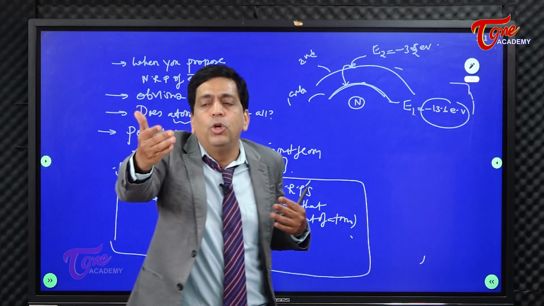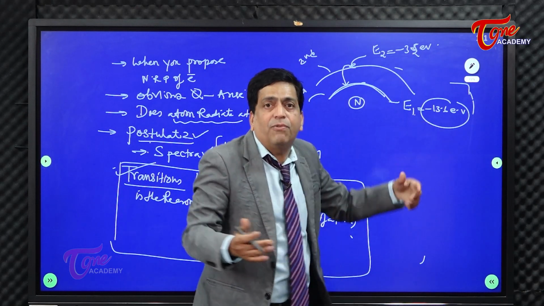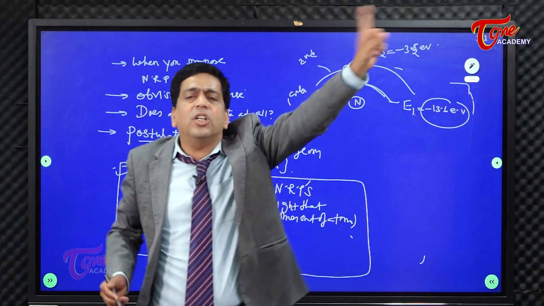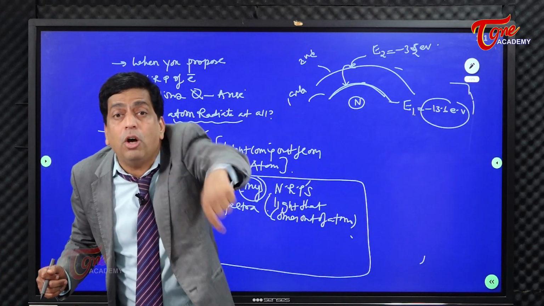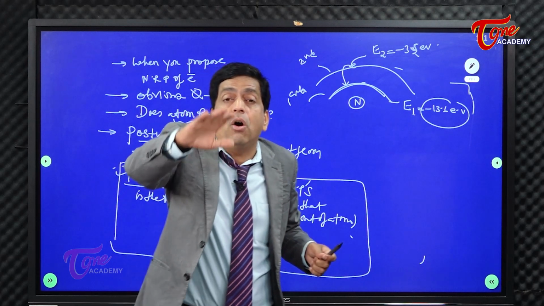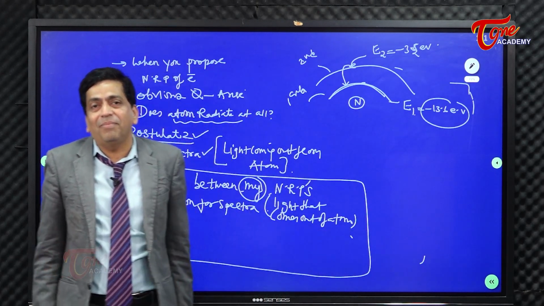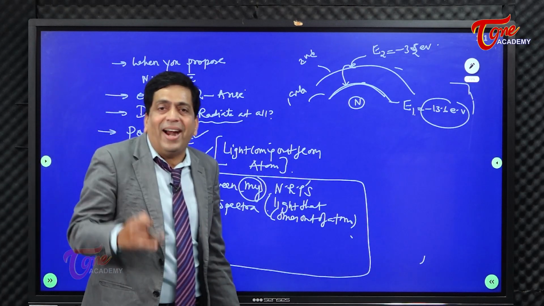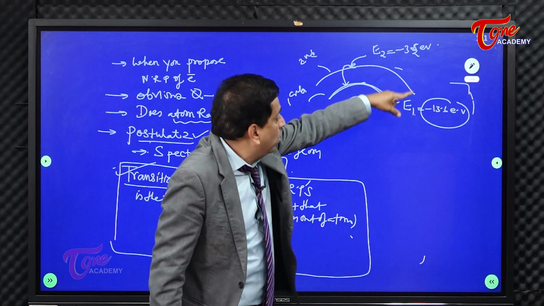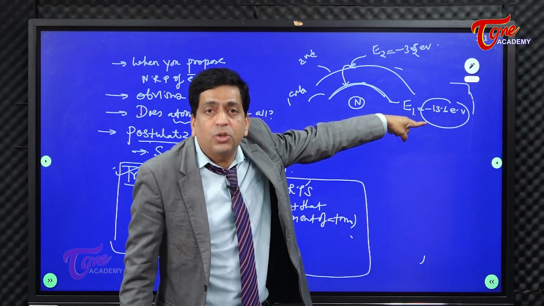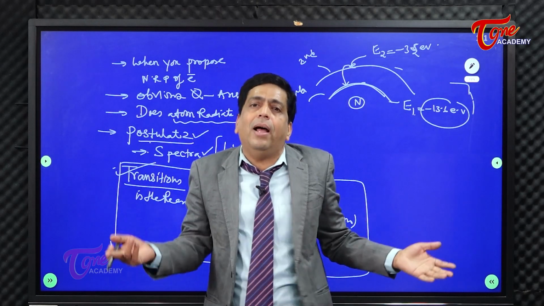And if you bring your energy also, that is minus 3.5 and 13.6, and if you add it to me, then the first postulate goes wrong, because the energy of the orbit remains constant. You cannot bring all the energy of the second orbit and add it to the first orbit. Just because you got bored in the second orbit and wanted to add the 3.5 to the 13.6, it's not possible, because I propose non-radiating path.